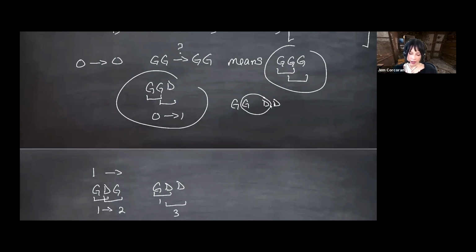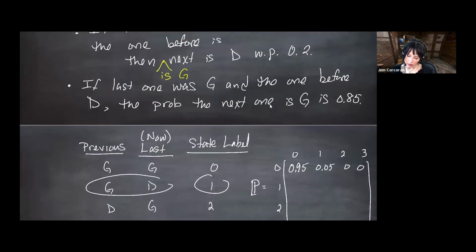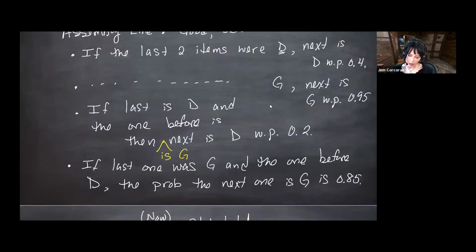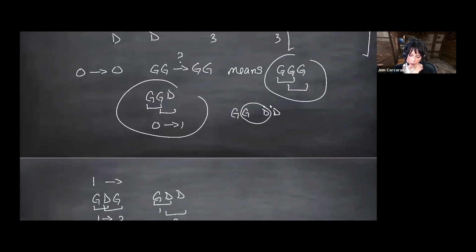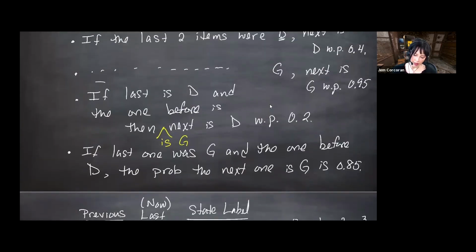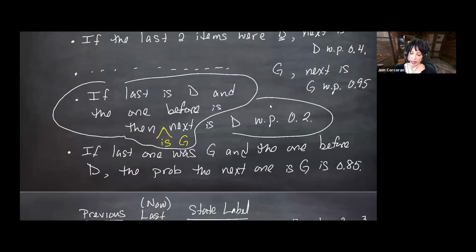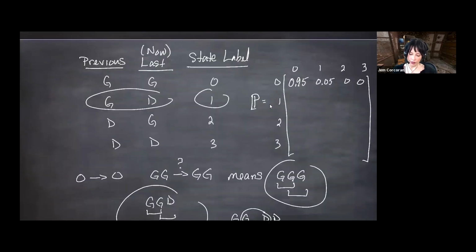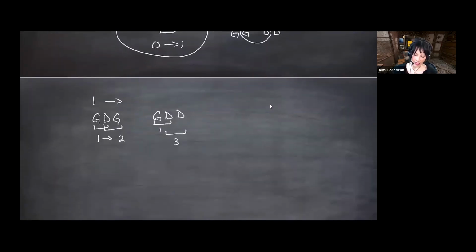Looking back at the third bullet, if the last is defective and the one before that is good, the next will be defective with probability 0.2. So that is this one, and this gets the rest of the probability.